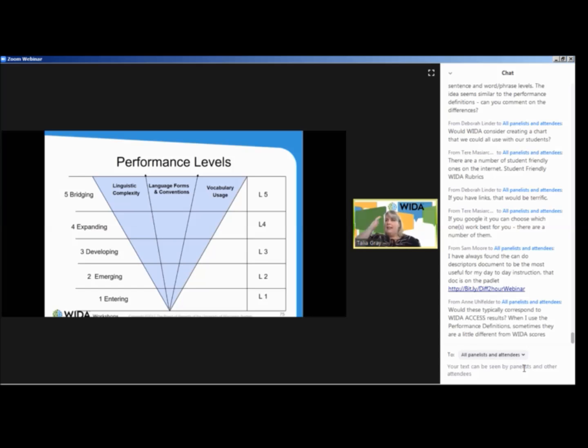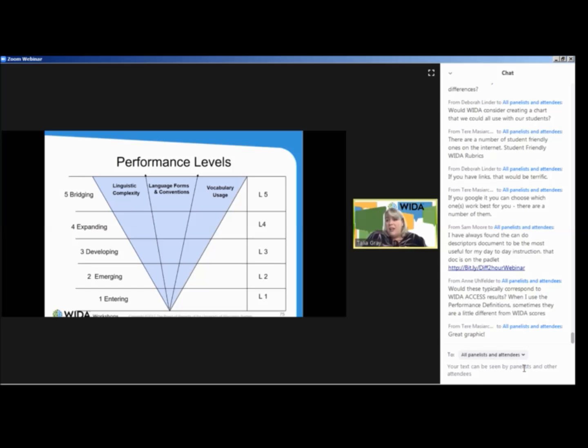That's everything: their linguistic complexity, their language forms and conventions, their vocabulary use. Now look at level 1, where the triangle is very skinny. There's not that much information that they should know in level 1, so your students aren't going to stay there for very long. They're going to move through levels 1, 2, and maybe even 3 pretty quickly.